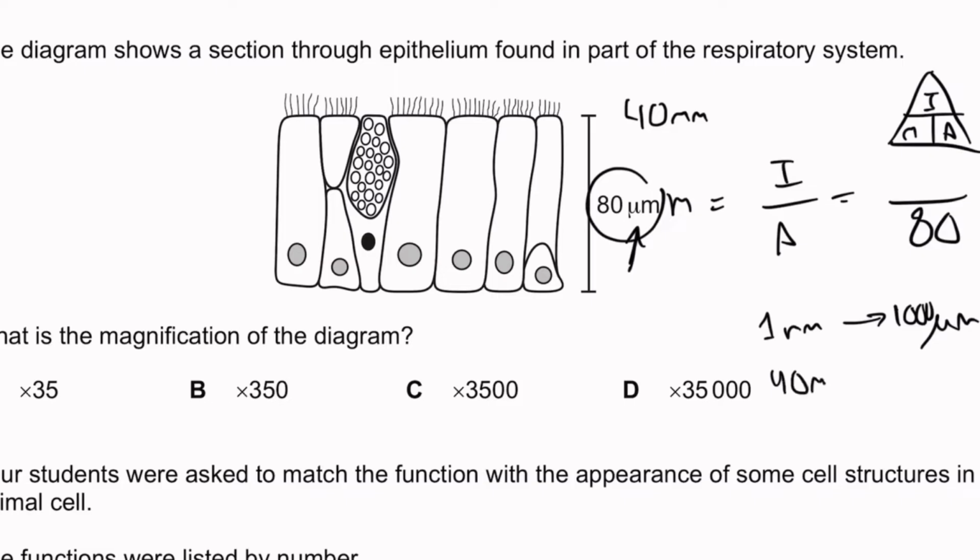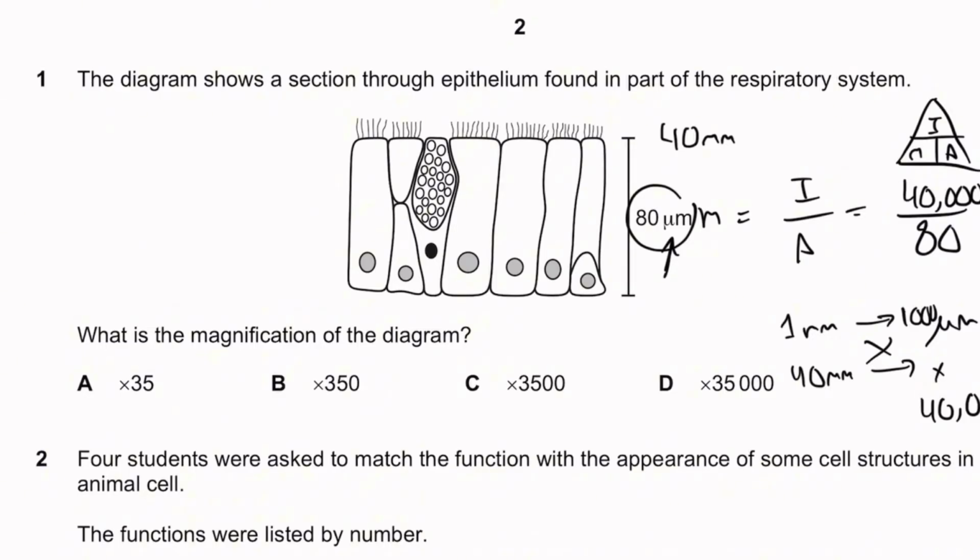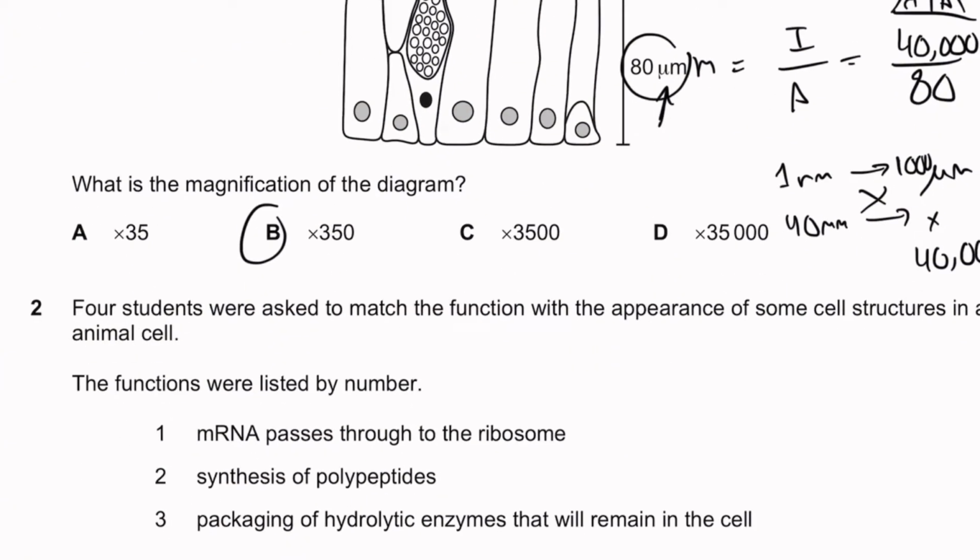So now 40, you cross multiply, and you multiply by 1,000. So you basically are going to have 40,000 micrometers. Now we divide 40,000 by 80 using your calculator. You will get 500. Obviously, my ruler is not really accurate, so I would assume that it would be 350. That's the closest to what I got.